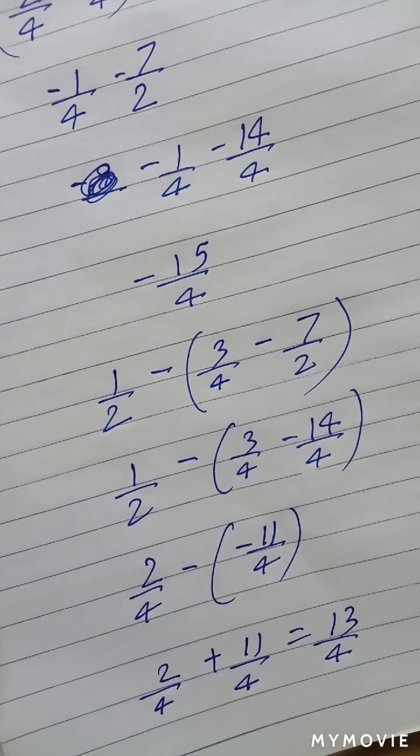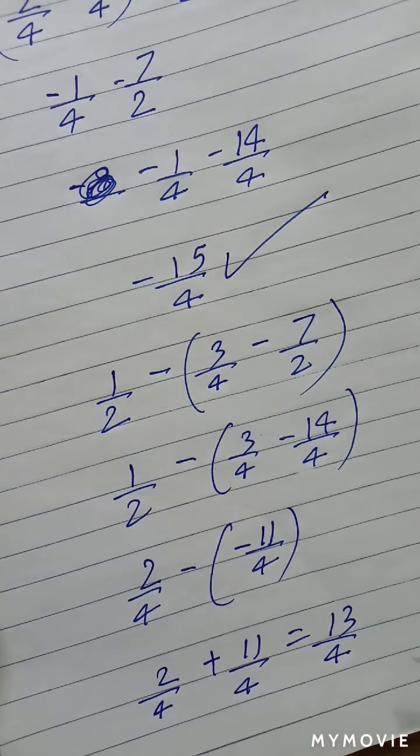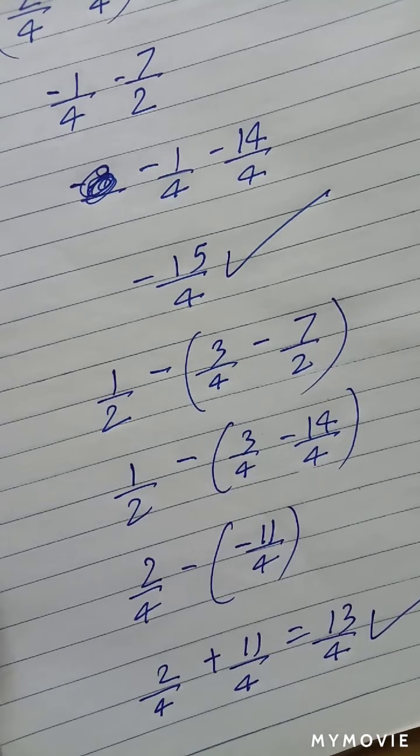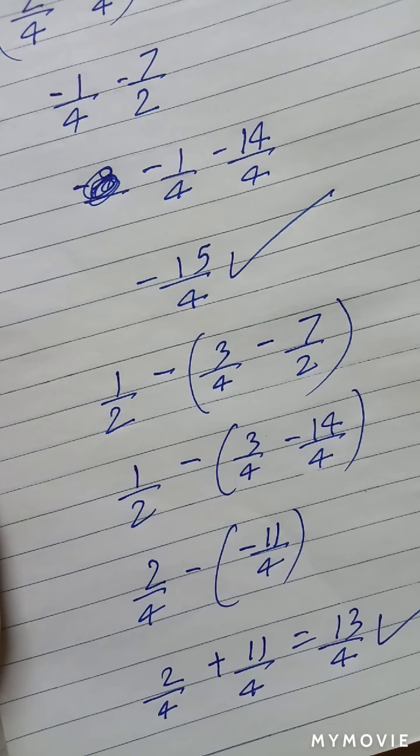See, we have a different result. This was minus 15 by 4 and this is 13 by 4. So we concluded that subtraction does not obey the law of associative property.